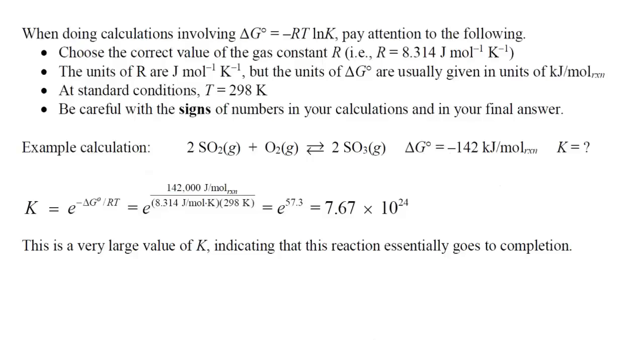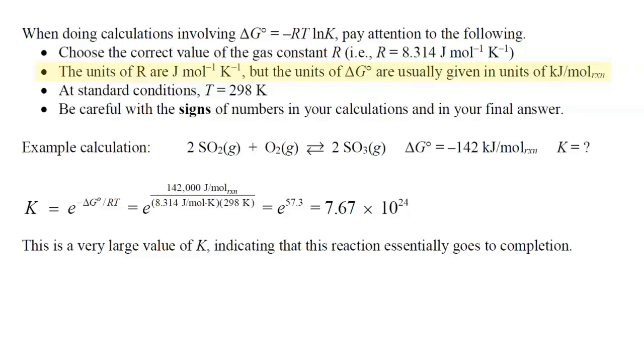All right, another important detail is that the units of R are joules per mole per Kelvin, but the units of delta G are usually given in units of kilojoules per mole of reaction. So just like we saw earlier in this video when using the Gibbs free energy equation, and the delta H and the delta S had different units, you have to pay close attention to units when you're using this equation.